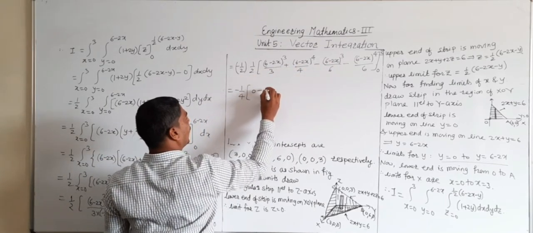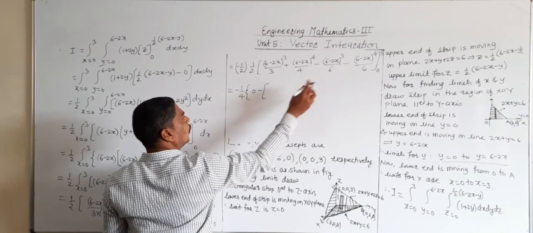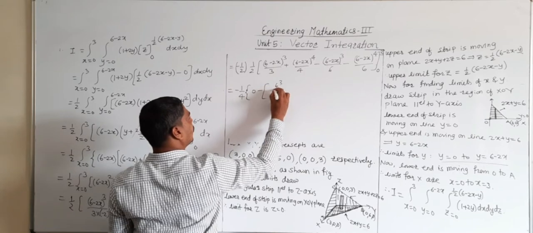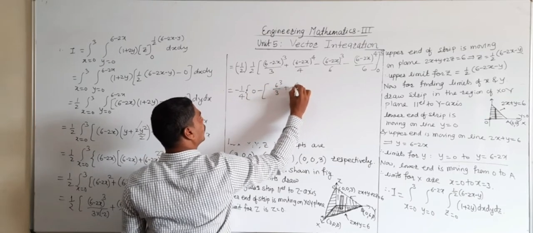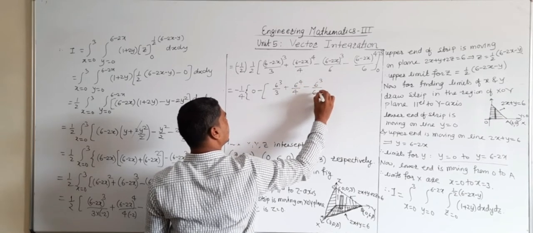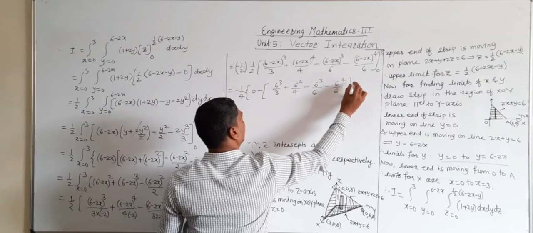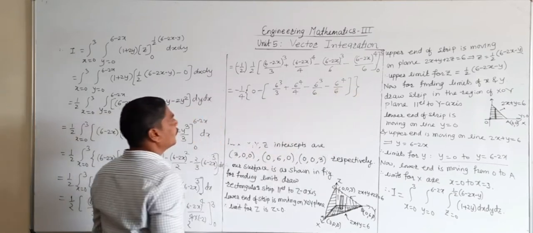So we get 0 minus the bracket. By putting the lower limit 0 we get 6 cubed divided by 3 plus 6 raised to 4 divided by 4, minus 6 cubed divided by 6, minus 6 raised to 4 divided by 6. Now simplify this.